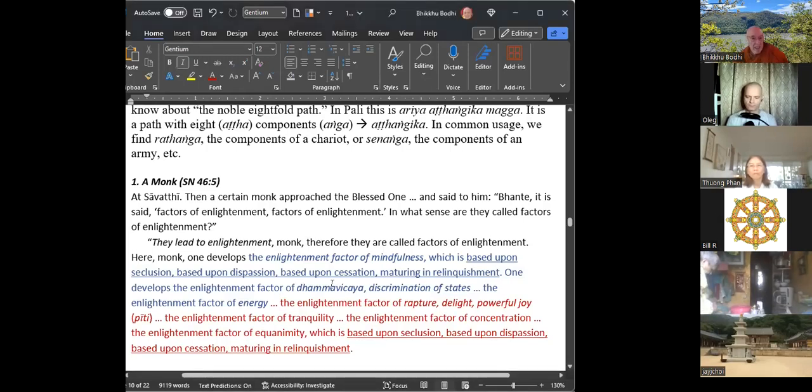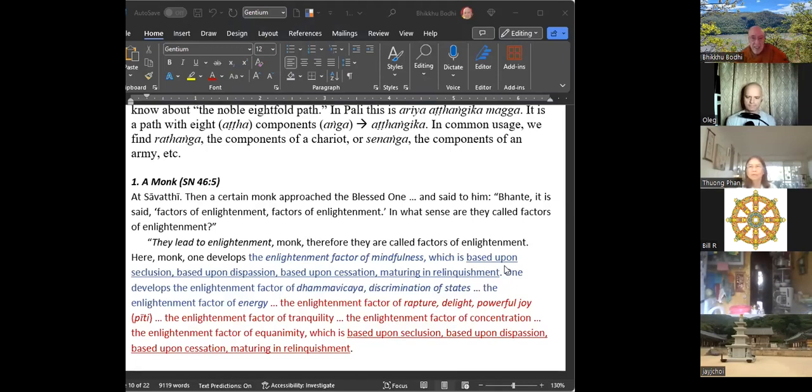So these would be the investigation of states, the investigation of things, energy, and rapture or joy. And the calming factors, those are the factors that quiet the mind. And those are the factors of tranquility, concentration, and equanimity. So we have 3 stimulating factors and 3 calming factors.